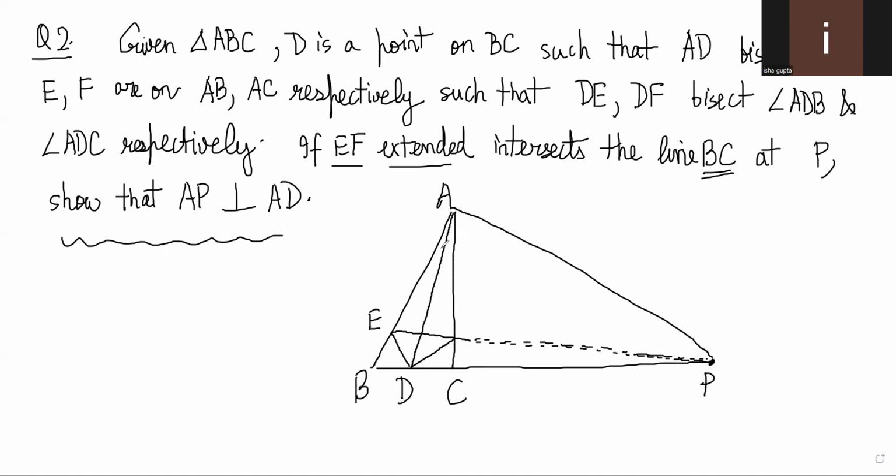I have not marked which angles are bisectors. Actually, this is a bisector, this is a bisector, and this is also a bisector, right? Obviously, the figure is not perfect, but whatever.